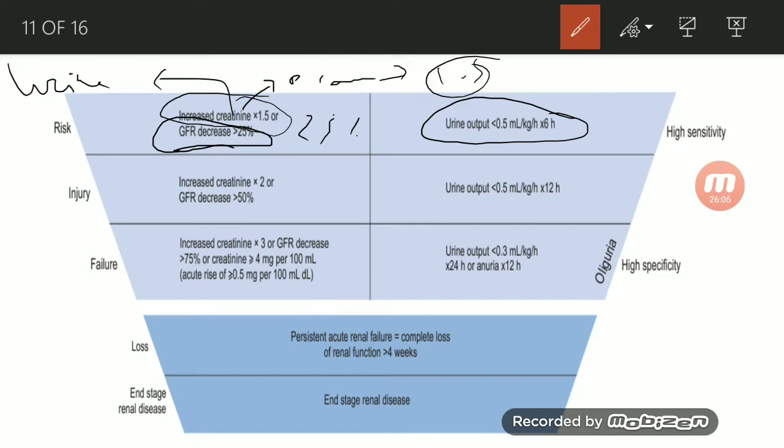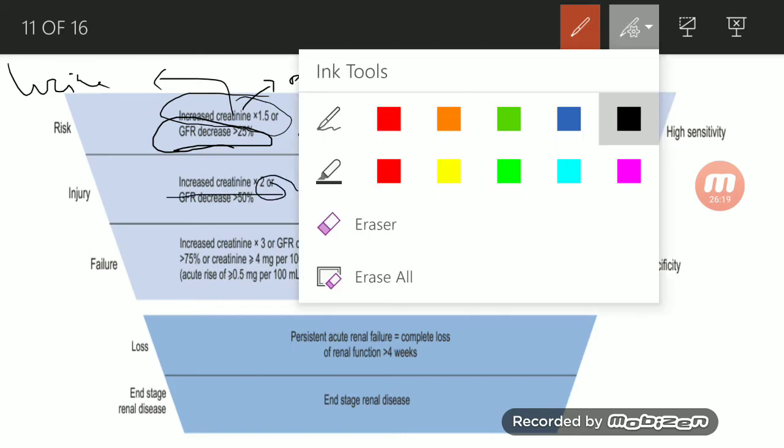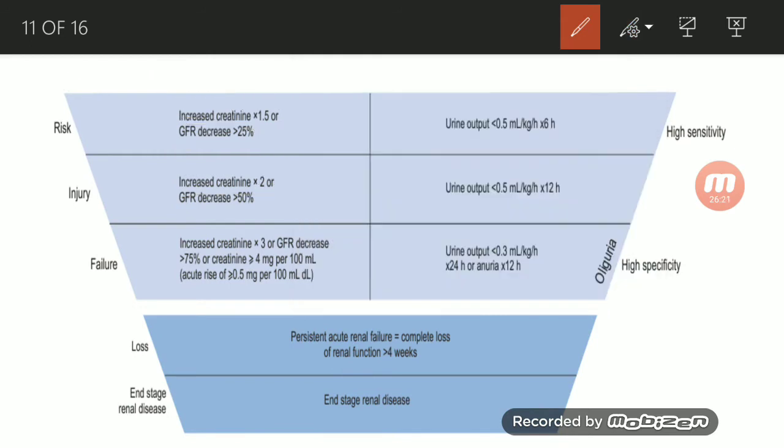undergo acute renal failure. Second is, when does injury to your kidney occur? In case of injury, whenever your creatinine level has increased by 2 folds, or there is a decrease in your glomerular filtration by more than 50%, that means there is injury taking place in your kidneys.